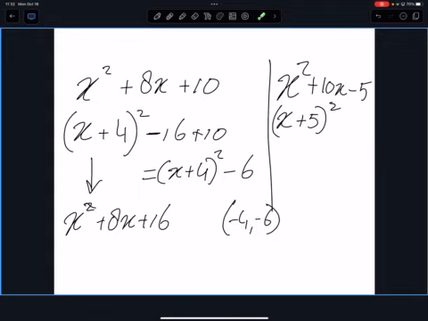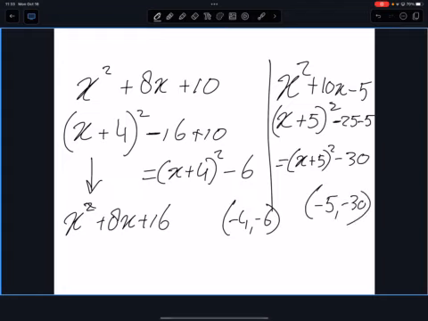So I subtract the 25, which I don't need, and then I add the minus 5 to it, which becomes x plus 5 squared minus 30. What is the minimum value? Minus 5, minus 30. I do not need the 25, and I add the minus 5 of the existing function.